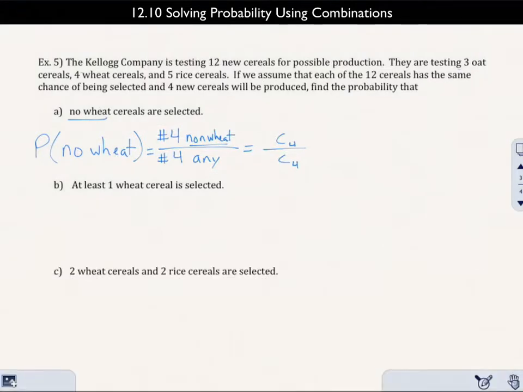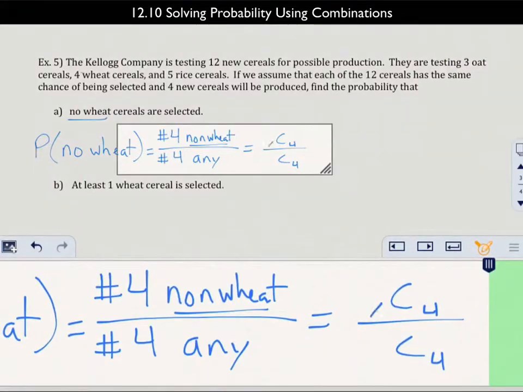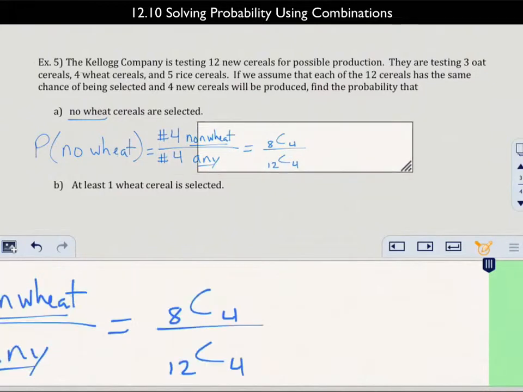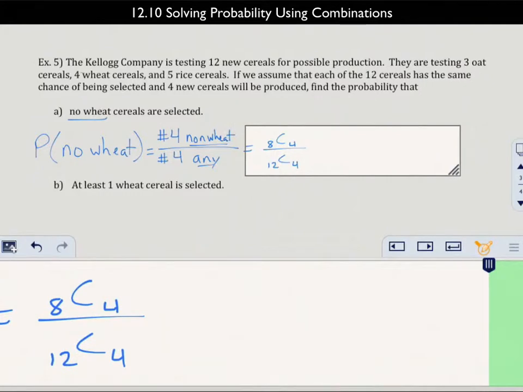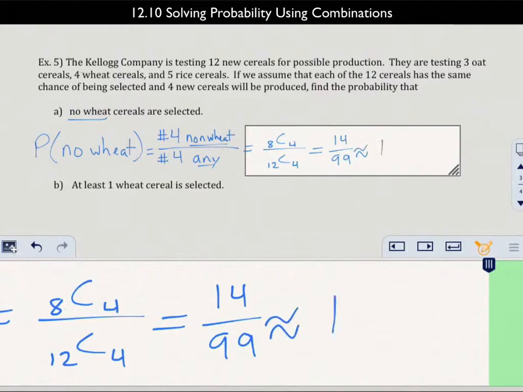Well, the non-wheat cereals are going to be the 5 rice and the 3 oat. So there's a total of 8 non-wheat cereals. So that's 8C4. And then divided by any cereal, well, that would be 12. And when we calculate this out, we get 14 over 99, which is approximately 14.1%.